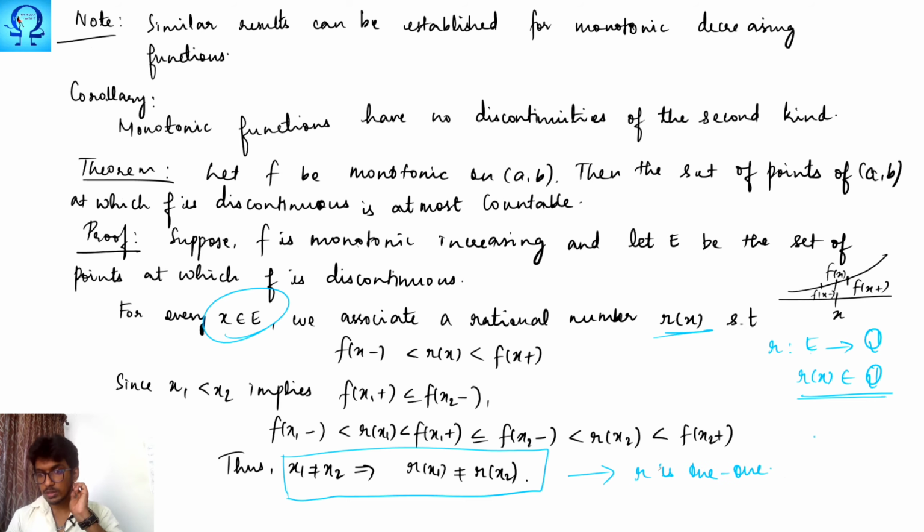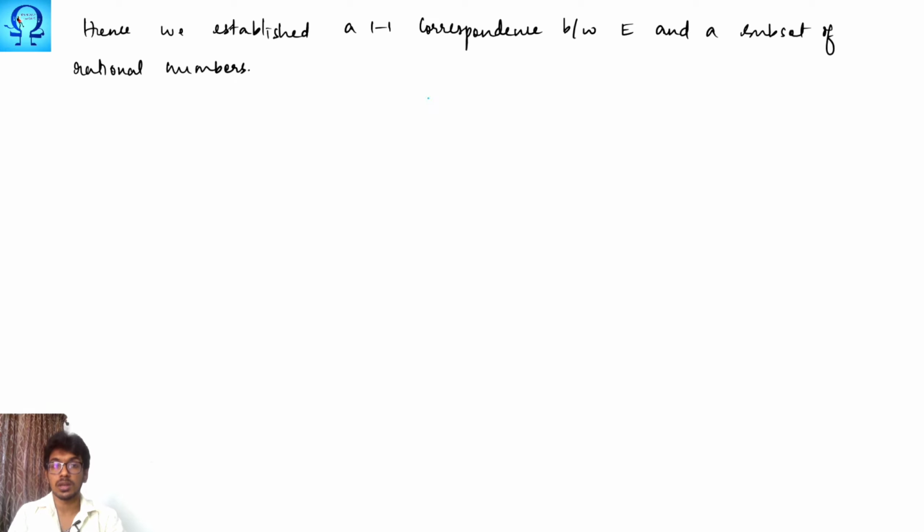Once you have a 1-1 function, if you restrict your mapping to the range alone, and don't consider the entire codomain, you will get this function to be 1-1 and onto. The codomain is the set of rational numbers, and the subset of that is only the range, which is what we have mentioned here as a subset.